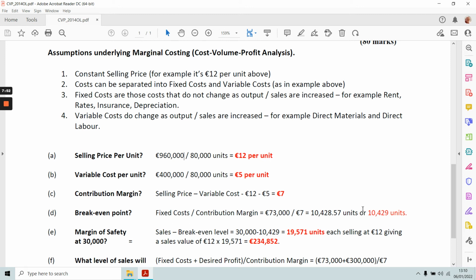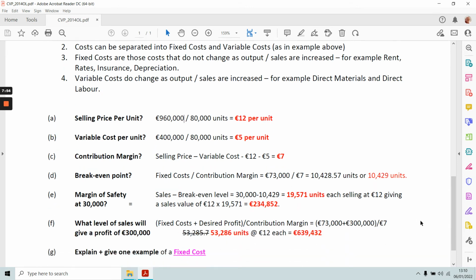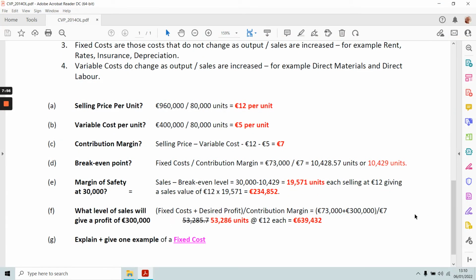Typically then the next part of the question asks us how many units we would have to sell to make a profit of, in this case, €300,000. So the question is changing now. We don't just want to break even anymore. We don't just want to cover €73,000 in fixed costs, but we want to make 300,000 in profit. Remembering that each unit we sell at €12 gives us a contribution of €7.